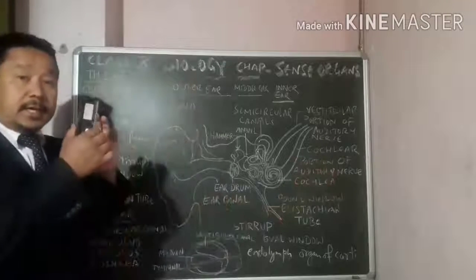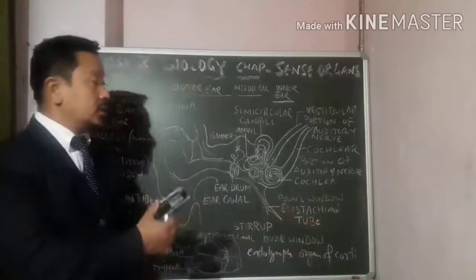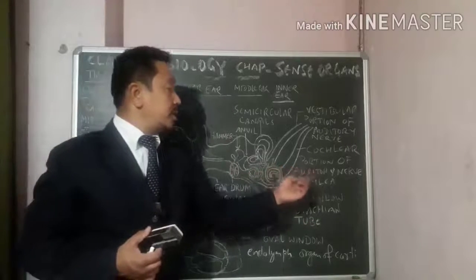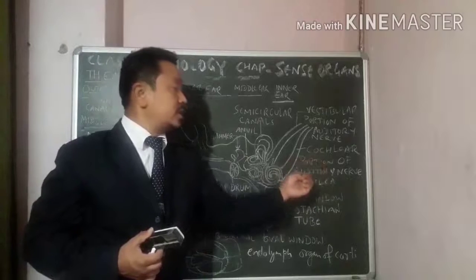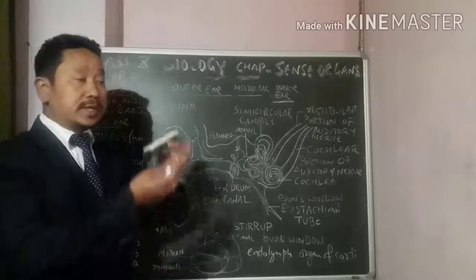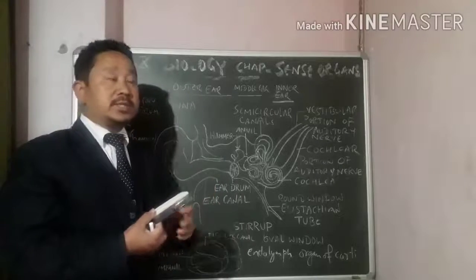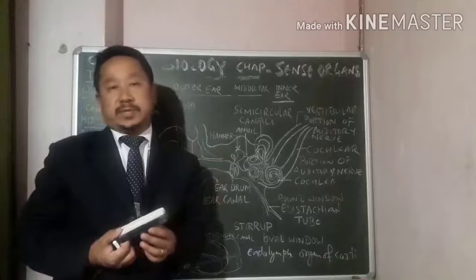So the nerve fibers from these cells, organ of Corti, go to the auditory nerve or cochlear portion of the auditory nerve. So this nerve at the end will carry that impulse to the brain where it is perceived.